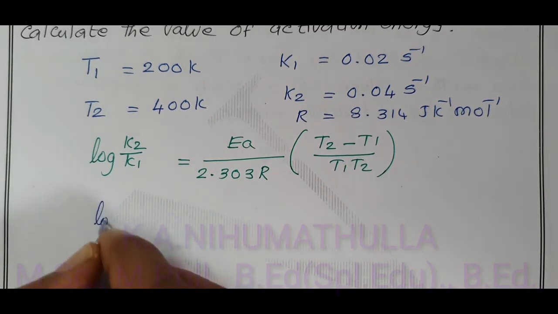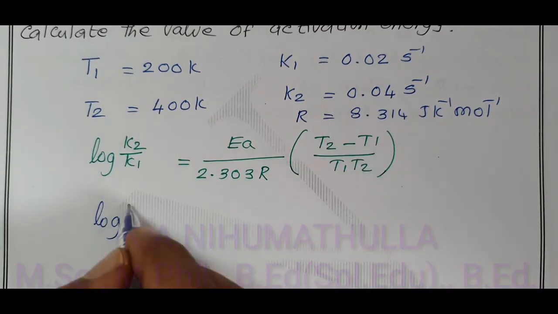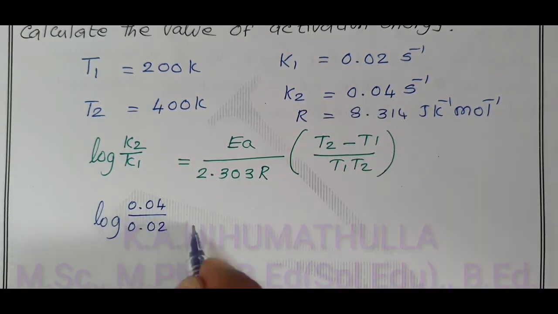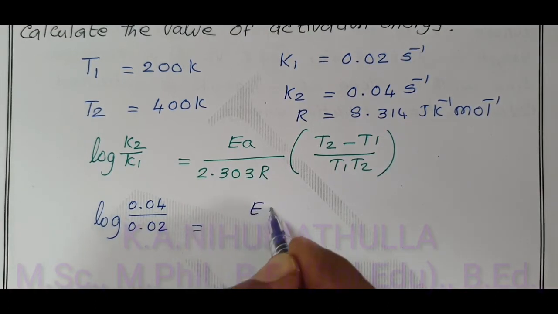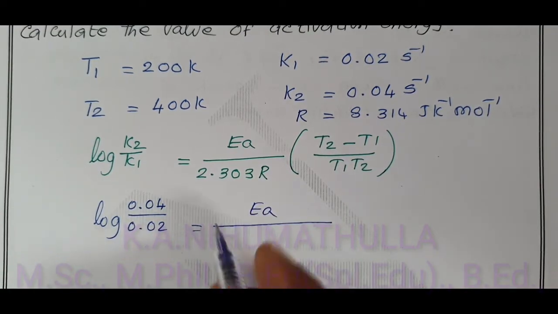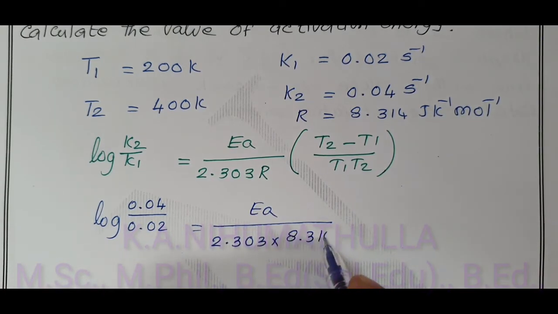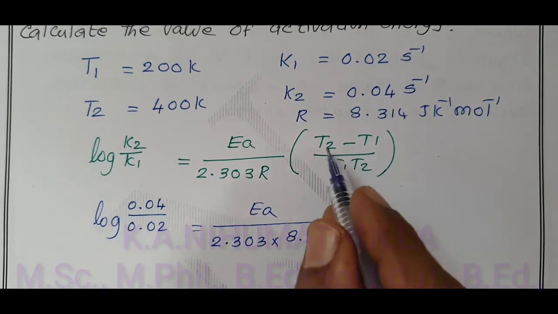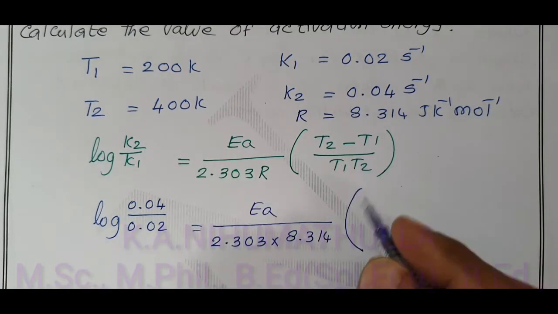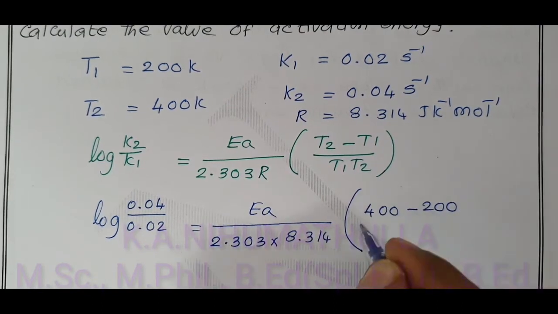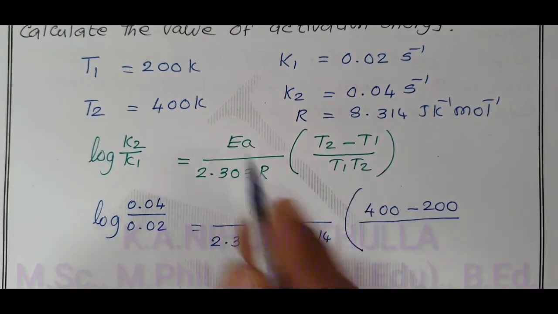Log of what is the K2 value? 0.04 by what is the K1 value? 0.02. That is equal to, we have to calculate Ea by 2.303 into R value 8.314 into T2 minus T1, 400 minus 200, by T1 and T2.